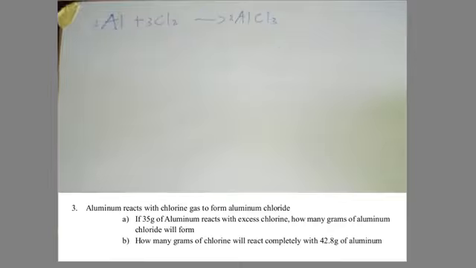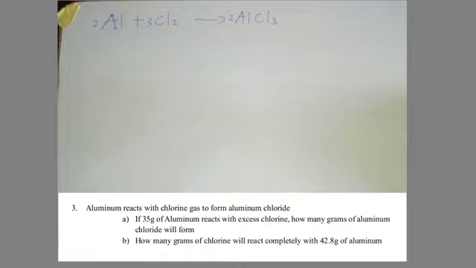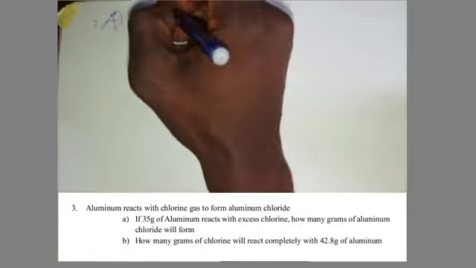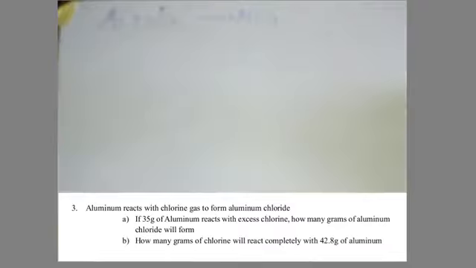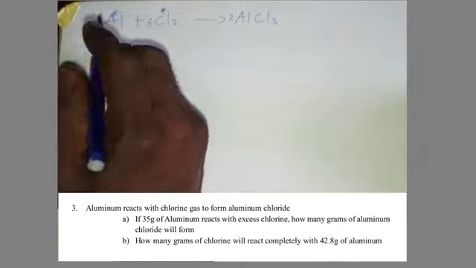Okay, the B part of the question says, how many grams of chlorine will react completely with 42.8 grams of aluminum? So the B part of the question connects aluminum with chlorine. So let's solve it using the mass interpretation. From the balanced equation, we have that 2 times 27 is 54.